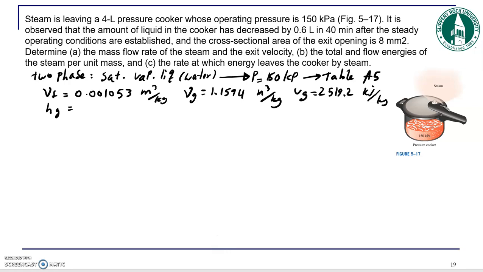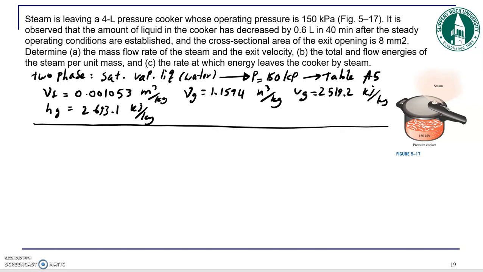That's the enthalpy, which is 2693.1 kilojoule per kilogram. So we have all this information about our fluid, right?